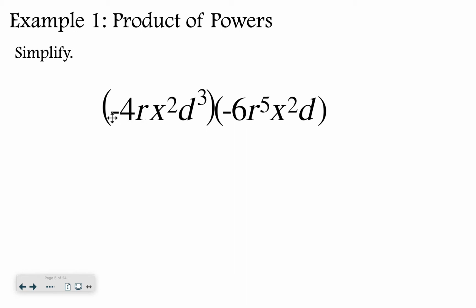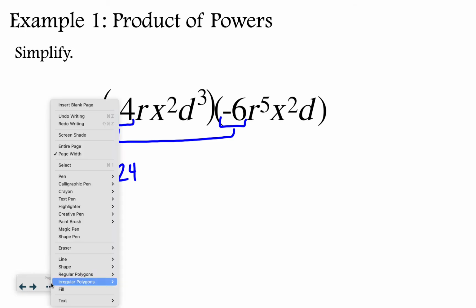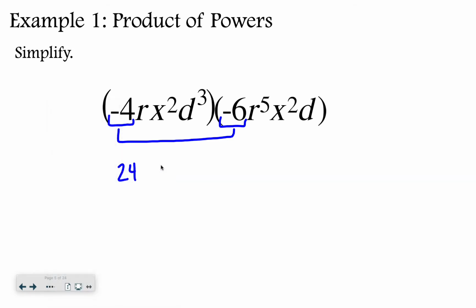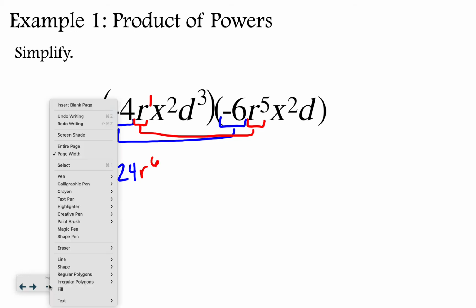The first thing I recommend is to take your regular numbers and just multiply like normal. So -4 times -6 becomes positive 24. Then I have an r, and whenever there's no exponent written, we assume it's a 1. So I have r to the 1st over here and r to the 5th over here. I can put those together: 1 plus 5 is 6, so I would say r to the 6th.